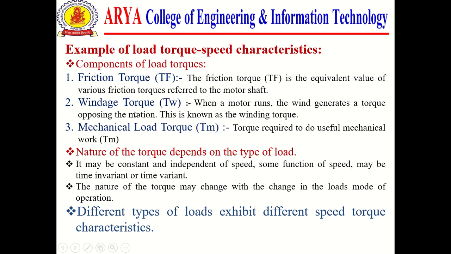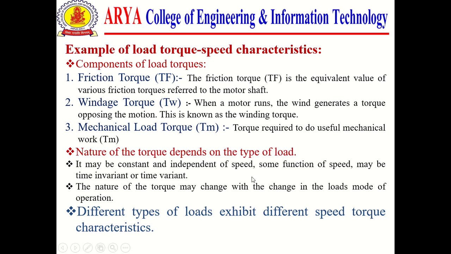Second, windage torque. When the motor runs, the wind generates a torque opposing the motion. This is known as the windage torque. Third, the most important torque, which gives the output: mechanical load torque. The torque required to do useful mechanical work is called mechanical torque. It is referred to the shaft.